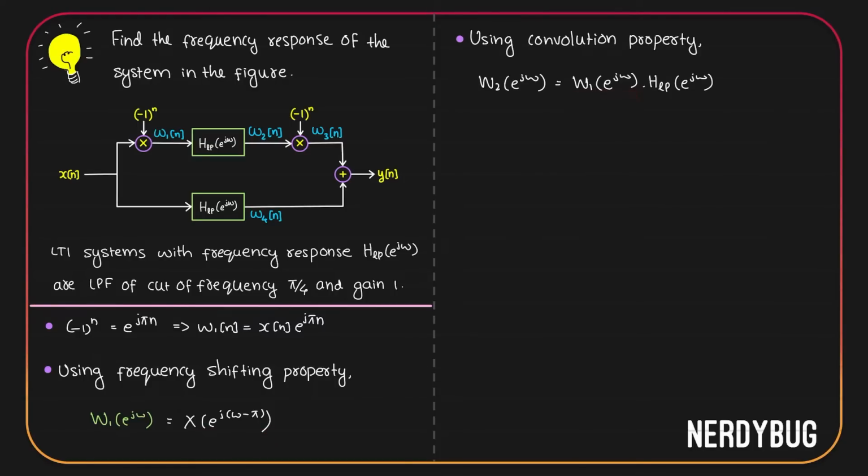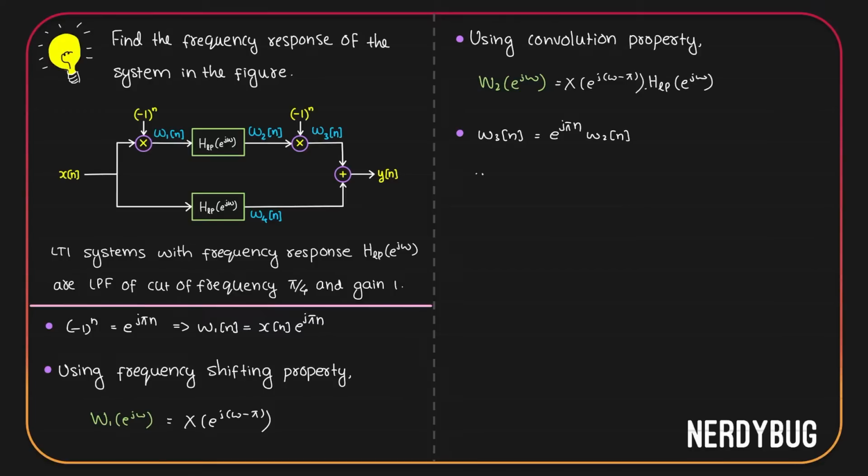Let us replace it. Now w3 of n is w2 of n multiplied by minus 1 raised to n. So we can again use frequency shifting property to write what is the Fourier transform of w3 of n. First, let's write down w3 of n is minus 1 to the power n, or e raised to j pi n multiplied by w2 of n.